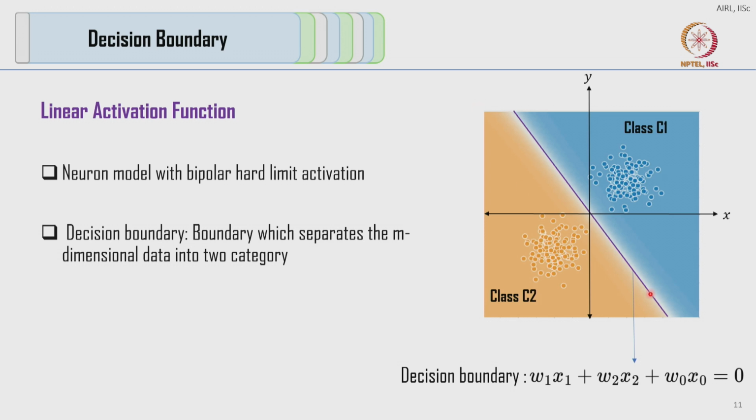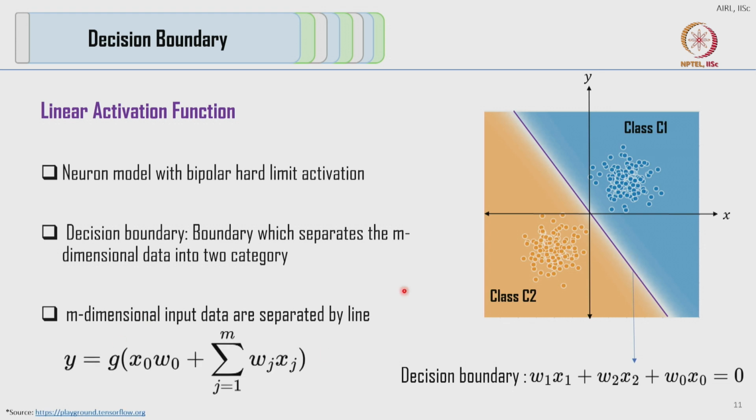That is the decision boundary which helps in separating these two classes. If you have a nonlinear activation function, y is g of x0 w0 plus summation j equal to 1 to m of wj xj.